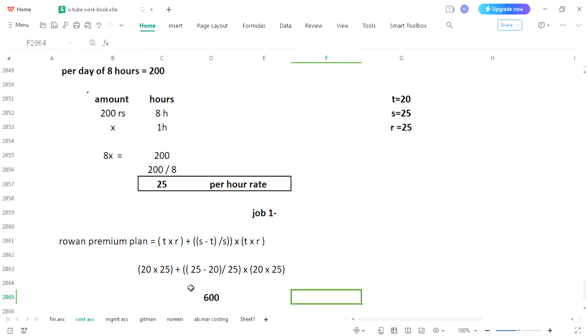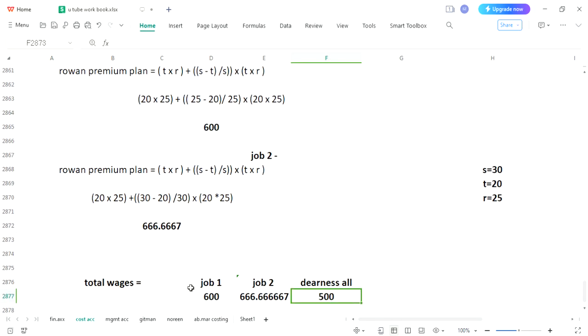So what we'll do, another factor for this particular worker is idle pay. For that, how many hours had he waited? 8 hours. And for 8 hours, 25 per hour is your wage rate. Understood? And when I put it on the calculator, it would vanish.